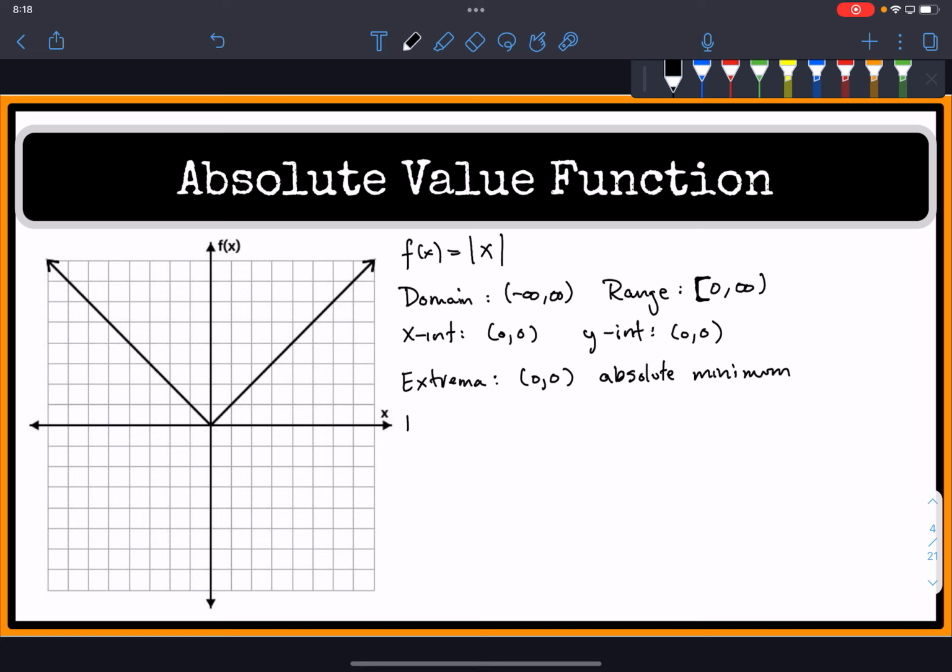And this function increases from 0 to positive infinity, which is to the right of the extrema. So from 0 to positive infinity, the graph is going upwards, as you can see. And it decreases from negative infinity to 0. So from negative infinity to 0, that's this red one right there, the graph is going downwards, so it's decreasing.